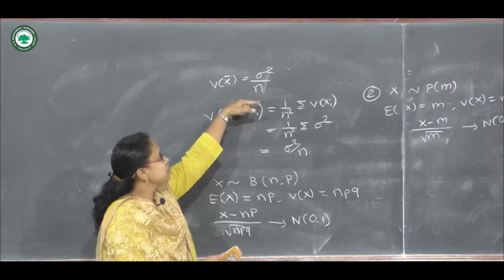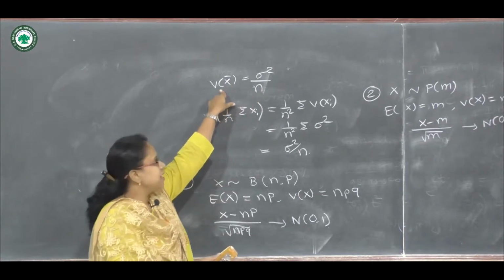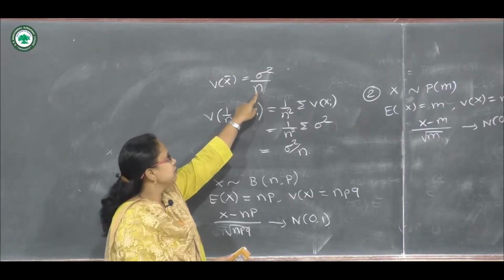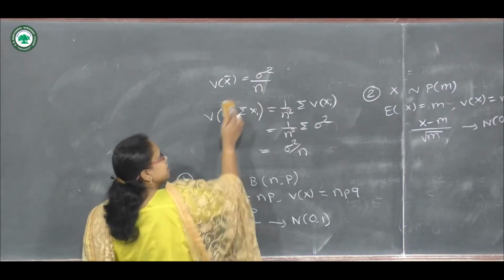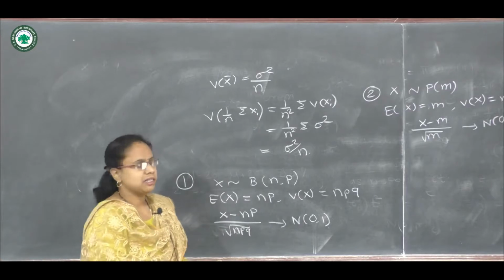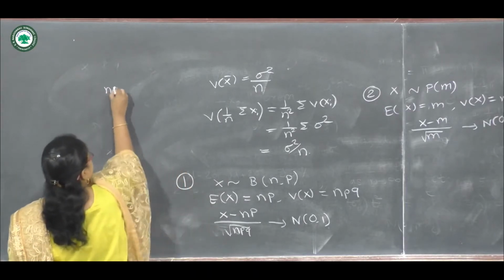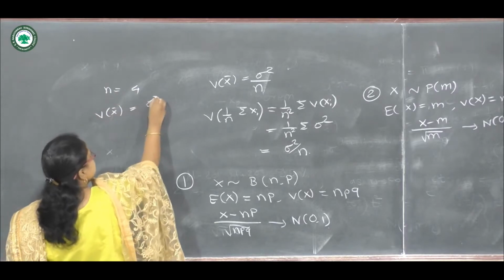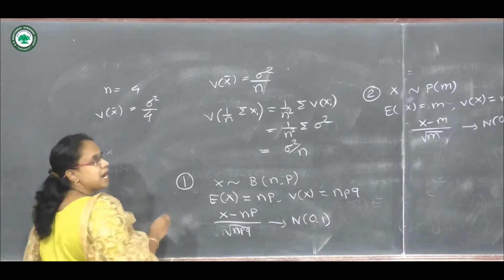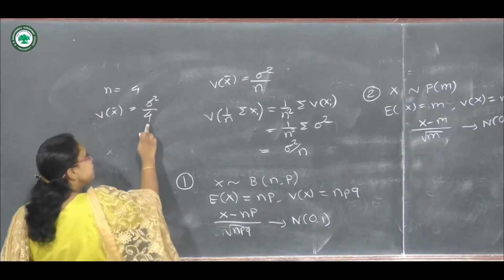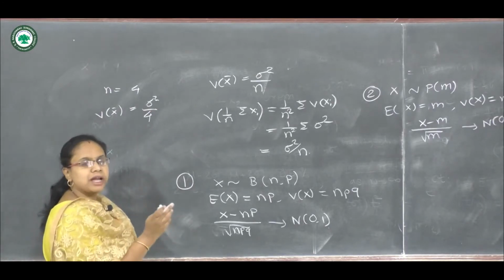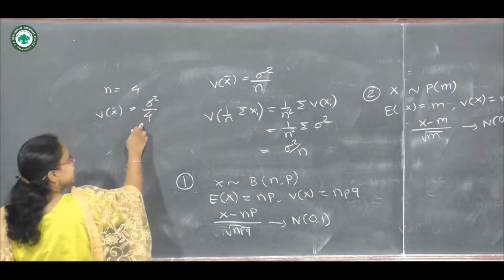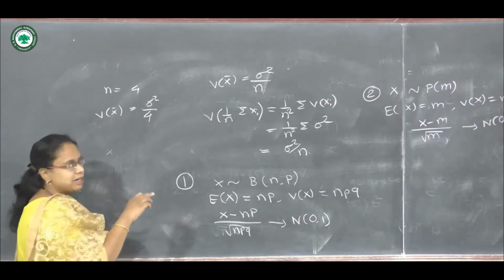This is the standard error. As we go on increasing this n, that is the sample size, the standard error decreases. Suppose we take n equals 4, then variance of x bar will be sigma square upon 4. So standard error is reduced by half here, because we should take the square root for standard error.